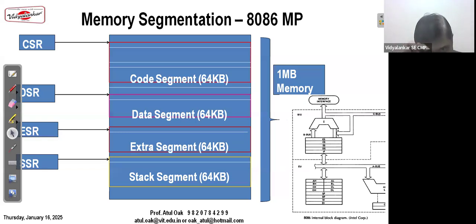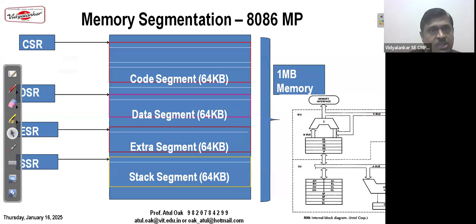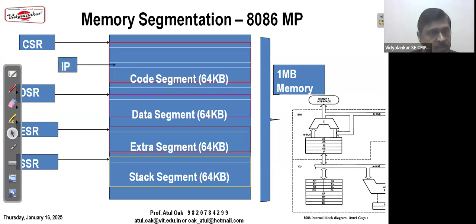And to refer to that offset, we use a register called IP. Observe this. IP means instruction pointer. IP stands for instruction pointer, which is a 16-bit register. All registers are 16-bit. This IP indicates which location you want to access inside the code segment.